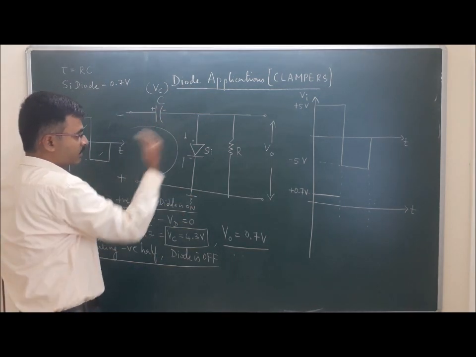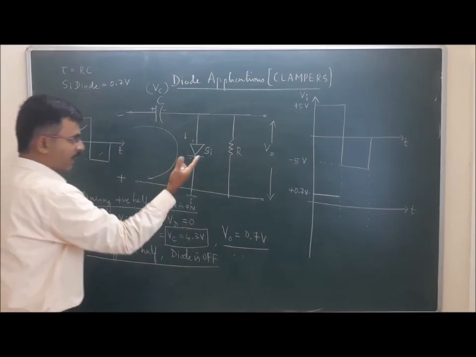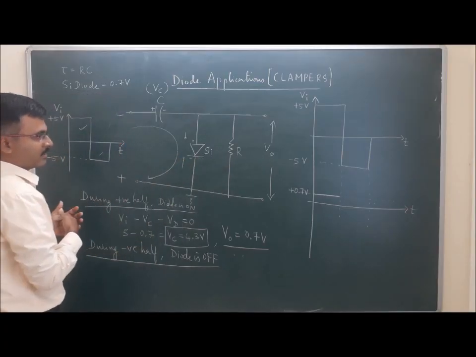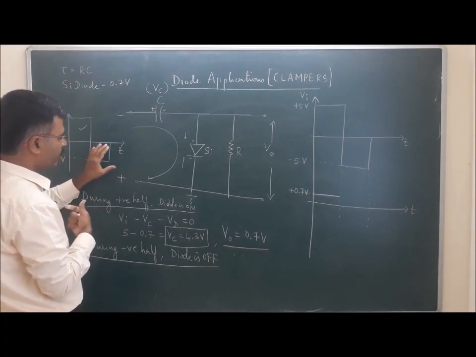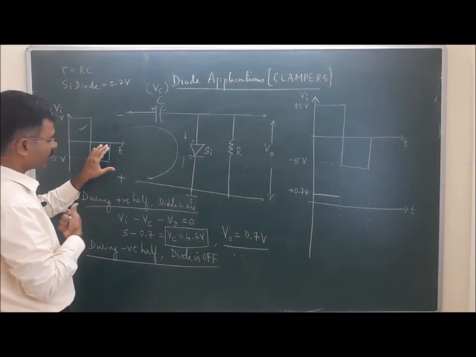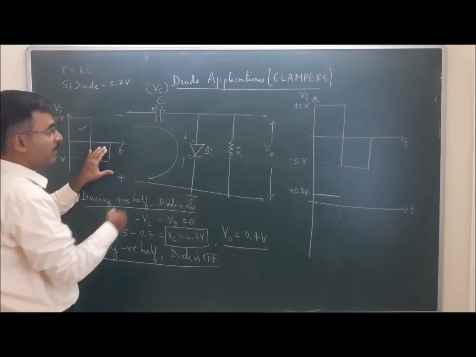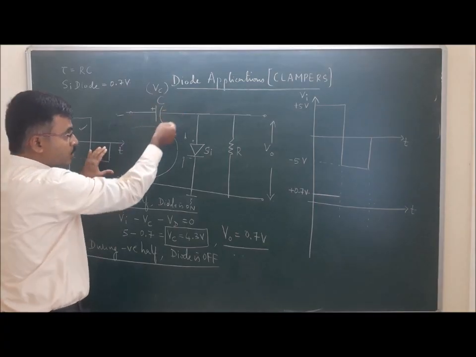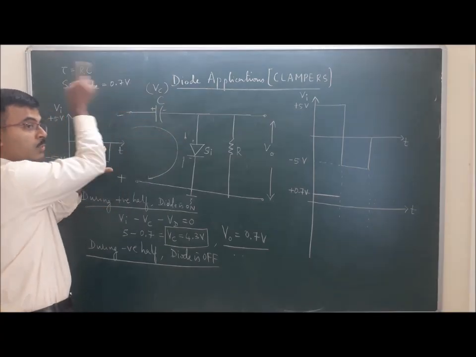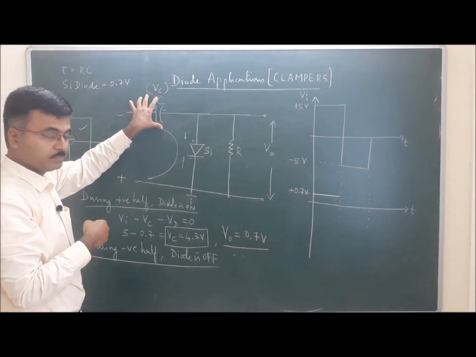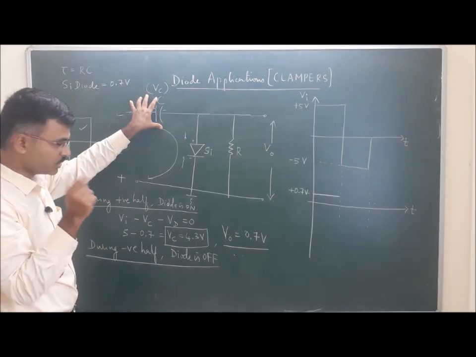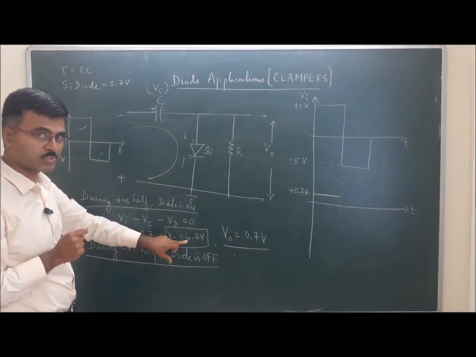So what are we left with? What should be the output? At the output side, the voltage is nothing but the summation of the input signal during the negative half and the voltage that was stored in the capacitor during the positive half. The capacitor was charged to 4.3 volts.